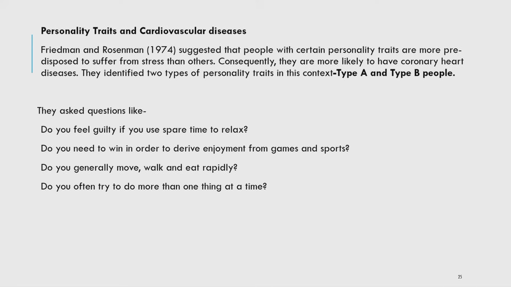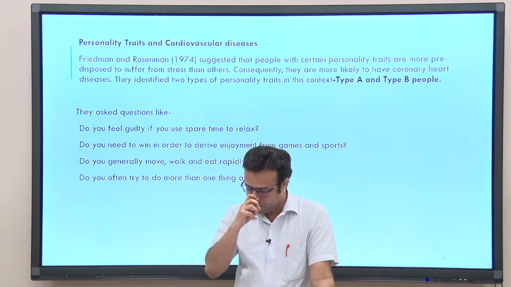Consequently, they are more likely to have heart disease because they are more likely to experience stress in their life. In that context, they identified two personality types: type A people and type B people, the type A personality trait and the type B personality trait.